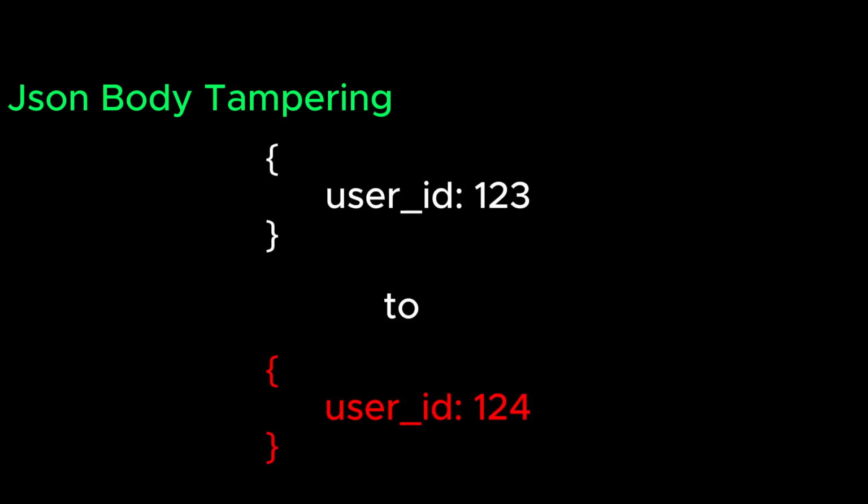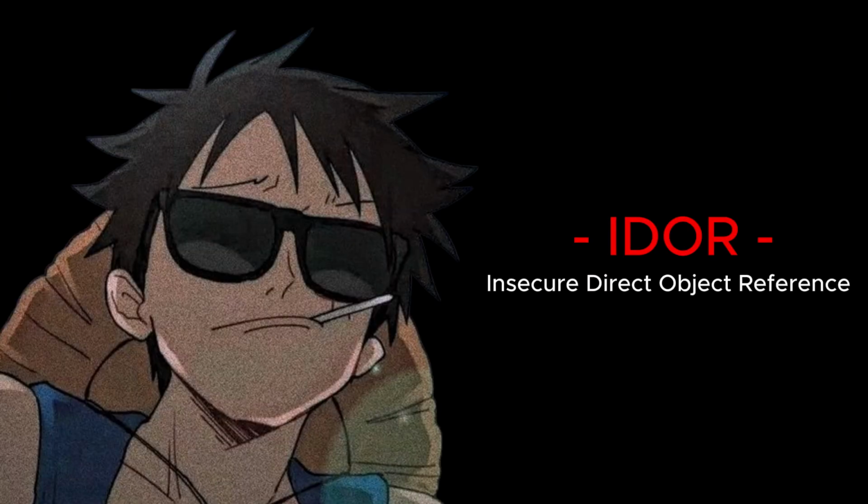JSON body tampering: change user_id 123 to user_id 124 in API POST and PUT requests. Direct file access: if a file is at /upload/avatars/123.jpg, try /upload/avatars/124.jpg. ID enumeration: script sequential requests to map which IDs exist and note responses and content lengths.